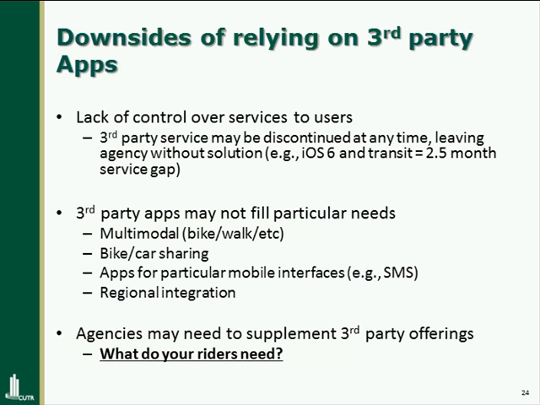There's been some evidence at some deployments that by facilitating the transit trip via bike, you can actually cut down significantly on the service time, how long it takes you to get from point A to point B. Integrating things such as car and bike sharing, you're really just relying on whatever third parties are out there to implement this inside of their app, which may or may not happen. If it's critical to the agency to be able to showcase these different mobility options to your users, this is something that third-party apps may not particularly fill.